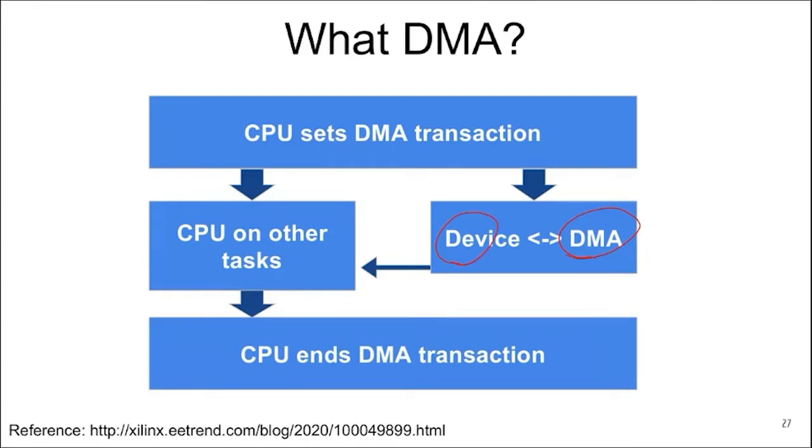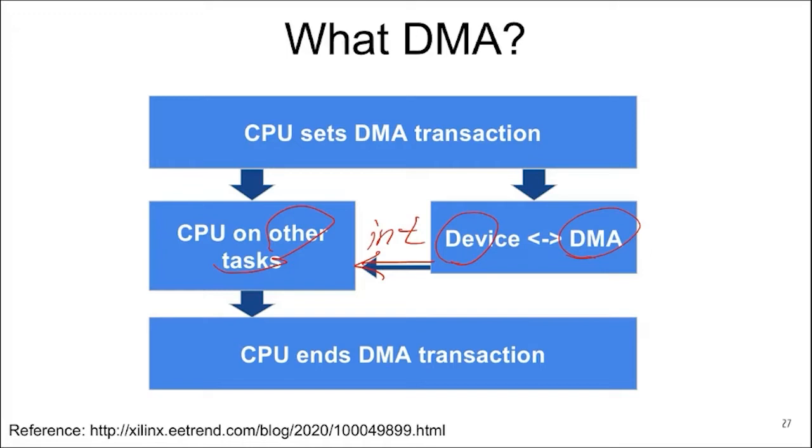When it receives these three pieces of information, it can perform the data movement by itself, and then the CPU can go on to other tasks. When the DMA finishes its task, it can optionally send an interrupt to the CPU. Then the CPU can know that the DMA finished its job, but the interrupt is optional, so we can disable it here.